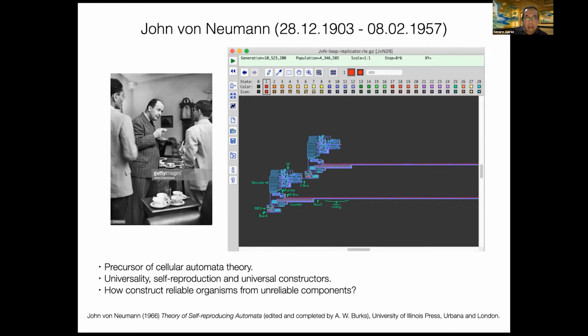The other interesting problem established by von Neumann was how we construct reliable organisms from unreliable components. It is a central problem in many complex systems, because you can work with primitive organisms.